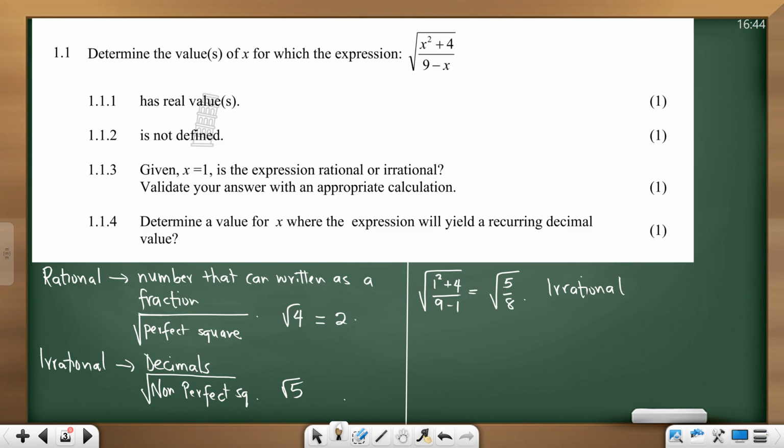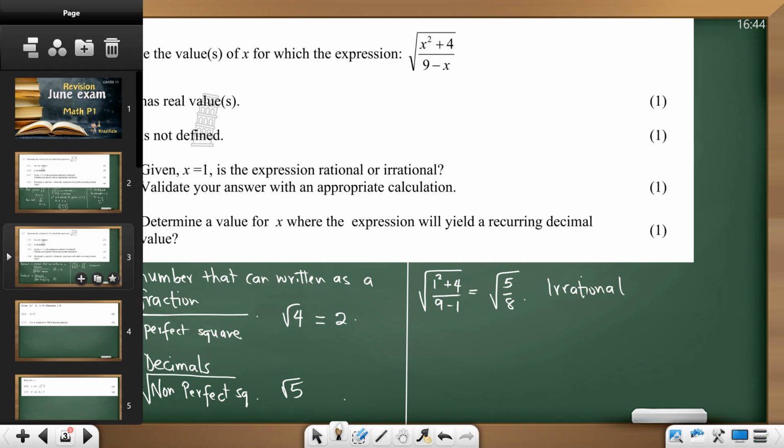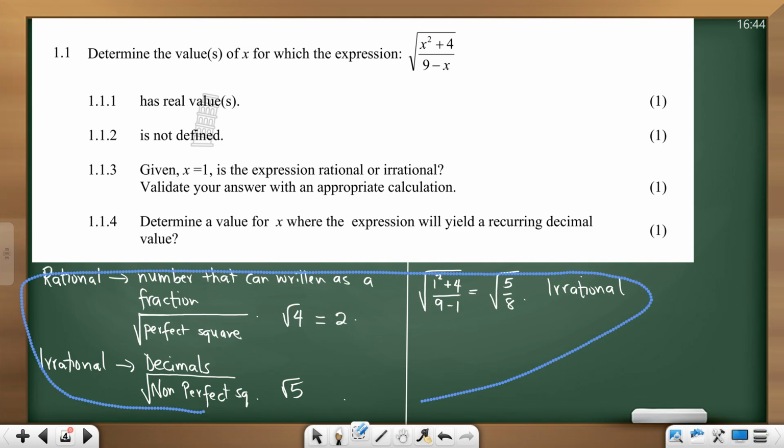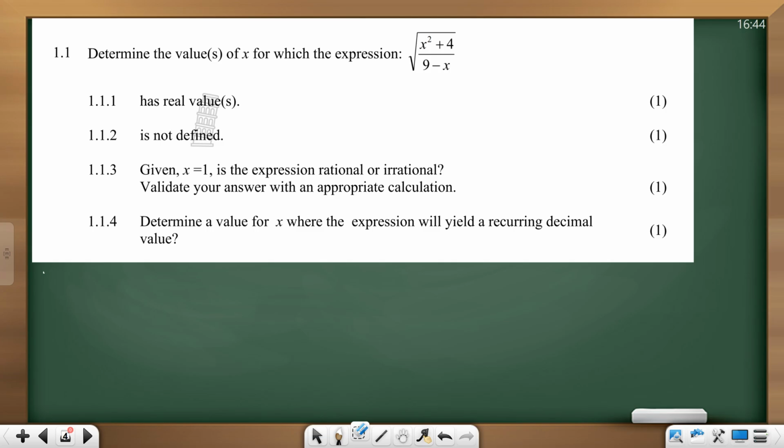Determine the value for x where the expression is a recurring value. I'm moving on quickly, so make sure you're writing as quickly as possible. You can also rewatch this. A recurring decimal, you know what it means, right?